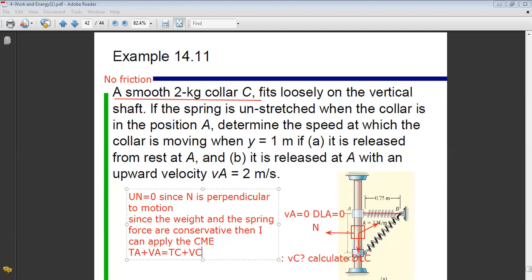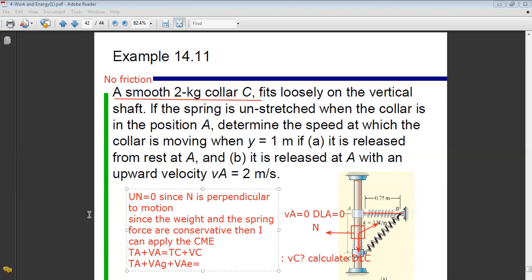I have the gravitational potential energy and the elastic potential energy. So I will divide VA into two parts: VA gravitational, and VA elastic. So you have two types of potential energy, one due to the weight, one due to the spring.